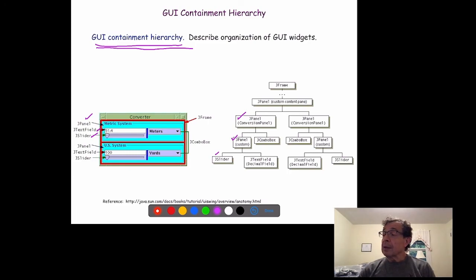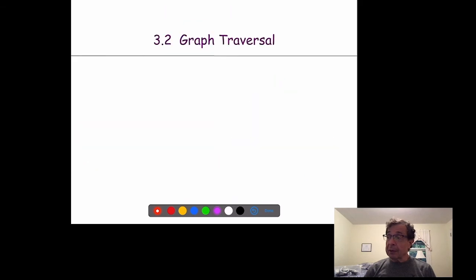And this would be contained in another JPanel called a custom content panel, until a JFrame. And these other two would be contained only in this panel, and this panel is contained in another panel, and so on. We can easily depict the relationship of containment in a graphical user interface.